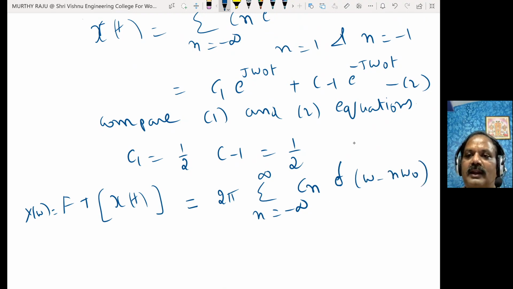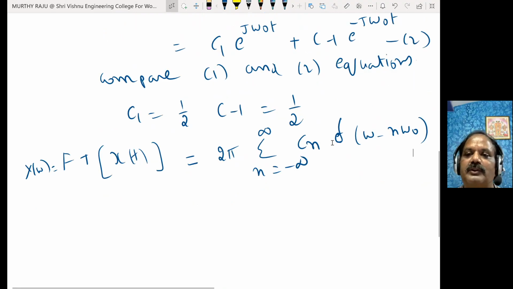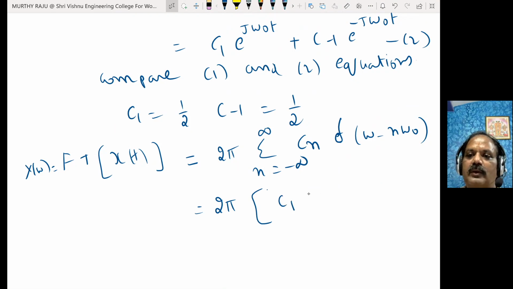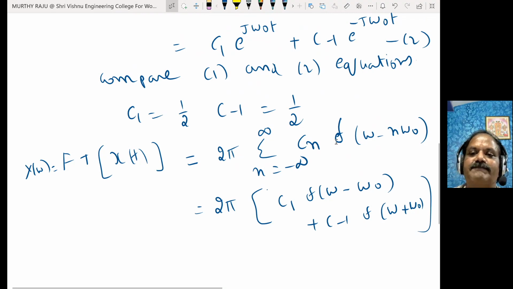Here n is equal to 1 and n is equal to minus 1 only are substituted in the above equation. 2 pi, n is equal to 1, C1 delta of omega minus omega naught, n is equal to minus 1, C minus 1 delta of omega plus omega naught.